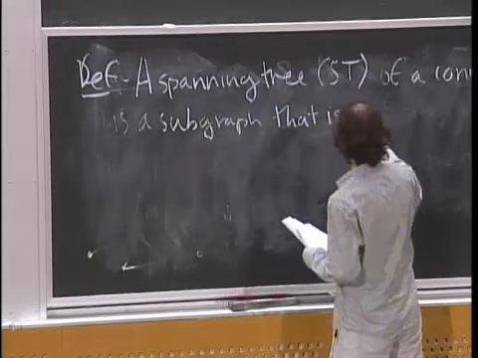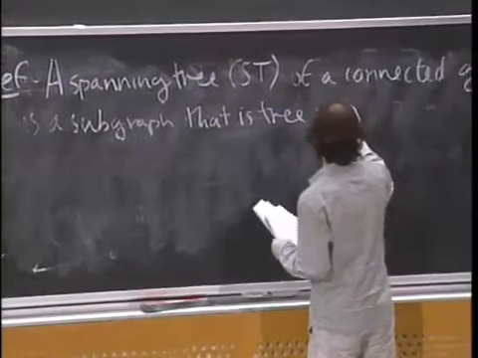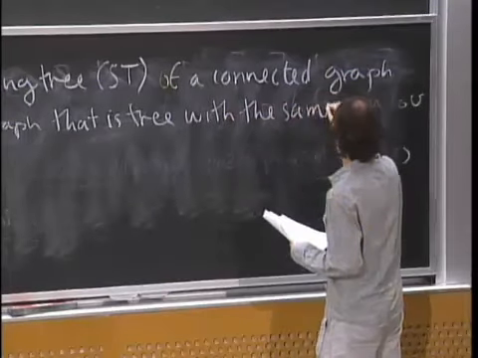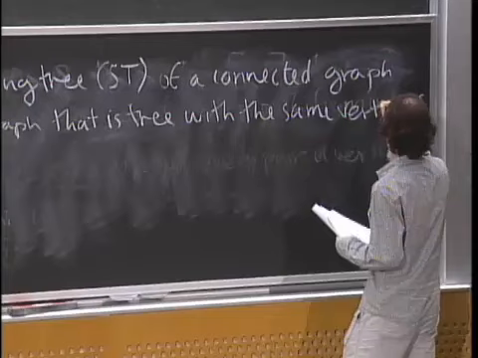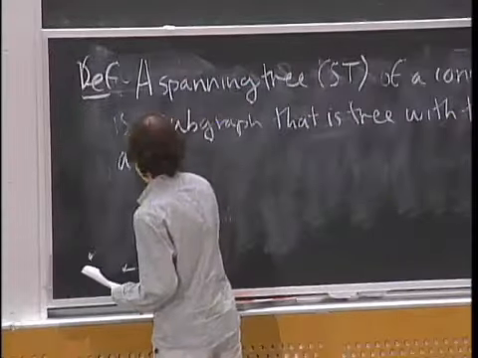So that's the first condition. And it also covers all the other vertices. So it has the same vertices as the graph.